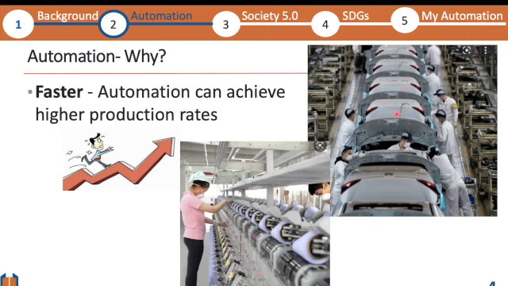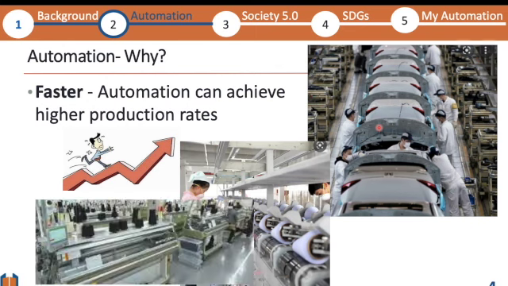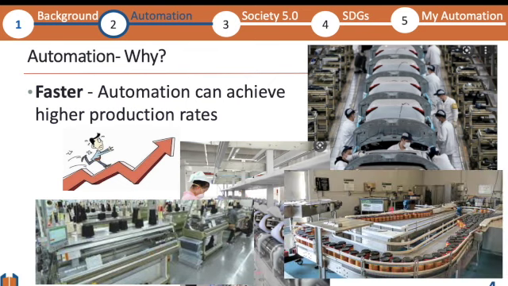Here is an example for car industry automation, another for garments automation, and another for food automation. So everywhere, automation makes production much faster, sometimes 1,000 times faster than a human being. So we can conclude automation gives a higher production rate.